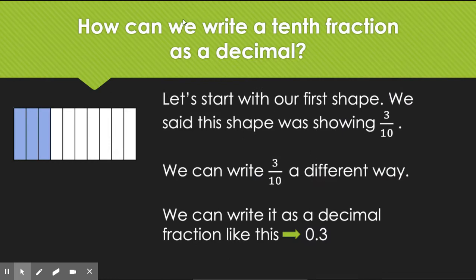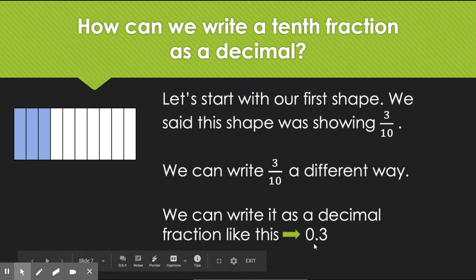So it says, how can we write a tenth fraction as a decimal? Let's start with our first shape. We said that this shape was showing 3 tenths. So 1 tenth, 2 tenths, 3 tenths. 3 tenths written like this is how we practiced with the fractional form. Now we're transferring to decimals.